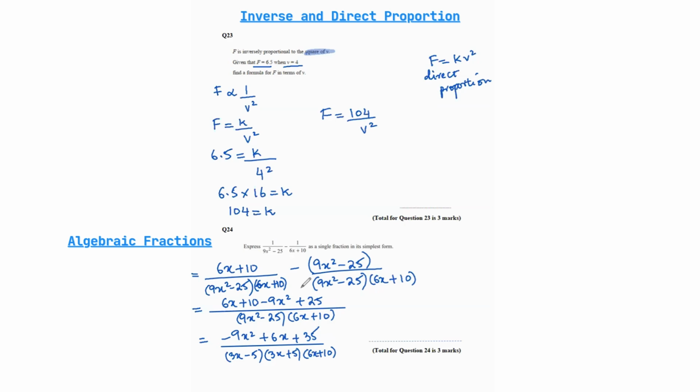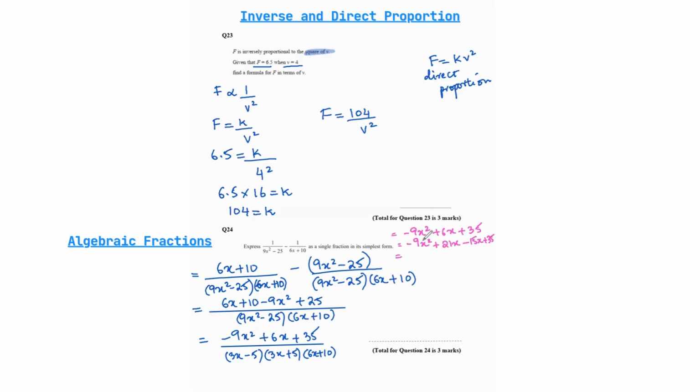That's going to be 21 and 15, because 21 minus 15 gives us 6, which is the middle term. So I'm going to write this over here in a different color. Negative 9x squared plus 6x plus 35 is going to be negative 9x squared plus 21x minus 15x plus 35.